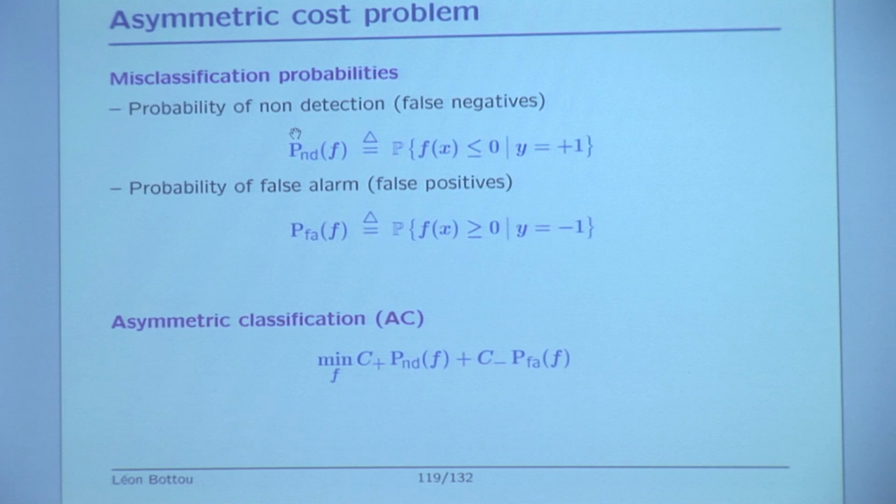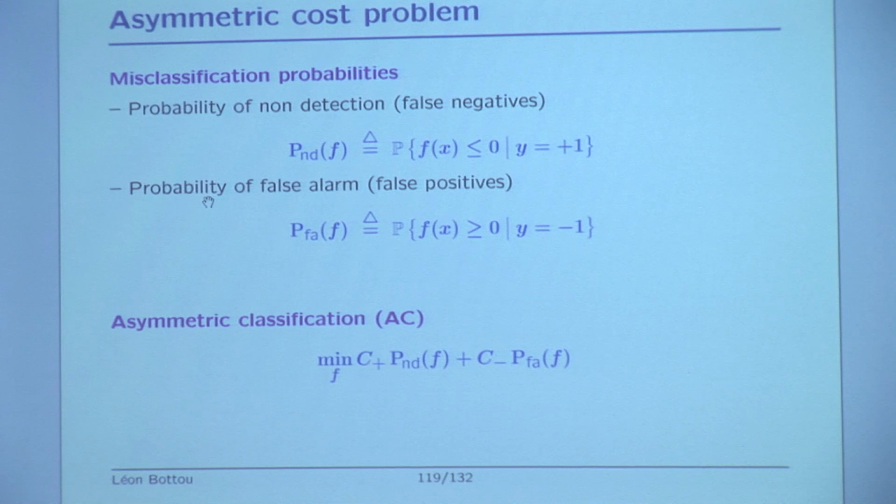So let's define two probabilities. With a classifier f, the probability of non-detection is the probability that f(x) is less than 0 when the class is +1. That's a false negative. And the probability of false alarm is the probability that f(x) is greater than 0 when y equals -1.